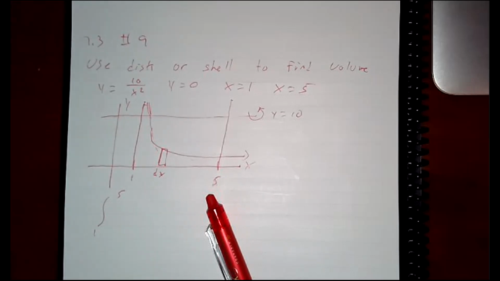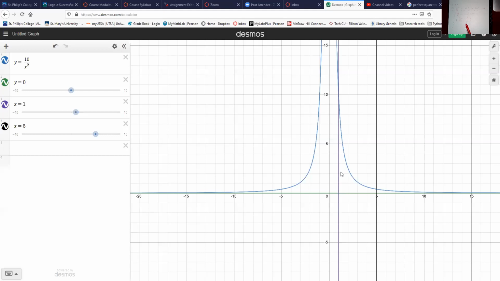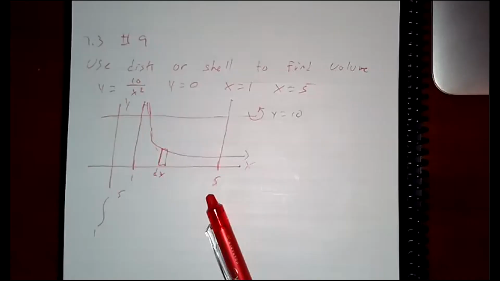My picture doesn't do it justice. So here's 10, right? I'm spinning this thing all the way up there over and over again. So then we'll have a gap. We're gonna have a hole for sure. So disk will work and shell will work. So I'm thinking just do disk.